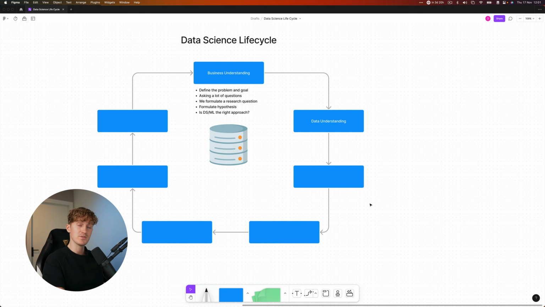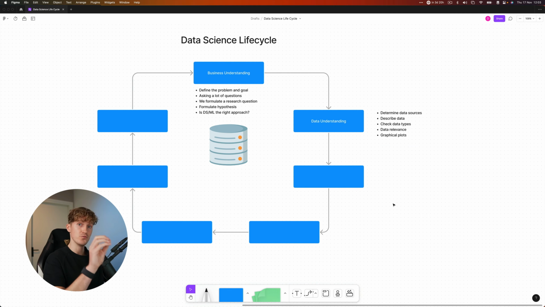The typical steps that you perform during the data understanding phase of this life cycle are the following. So we determine the data sources, we describe the data, we check all the data types, we determine whether the data is relevant, and we use graphical plots to get a better understanding of the data.